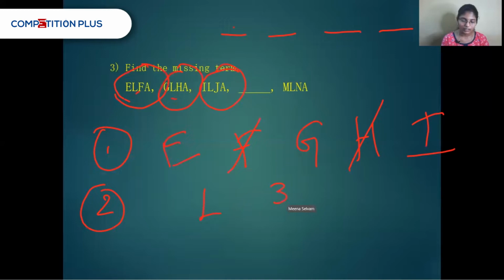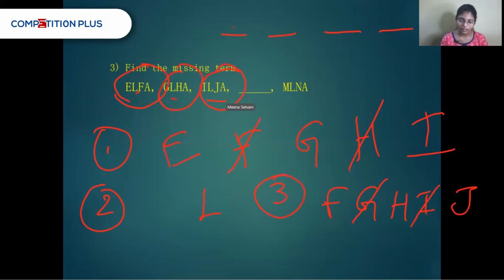And the third letter is F, G is skipped, H is there, I is skipped, J comes in the third term, and the next one is L, with K skipped.